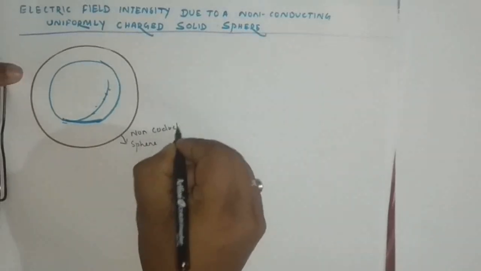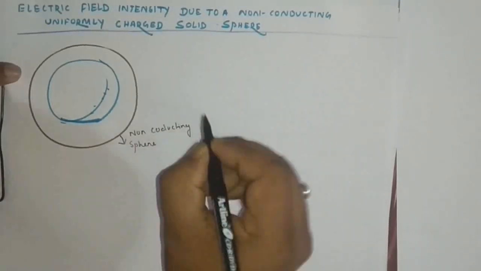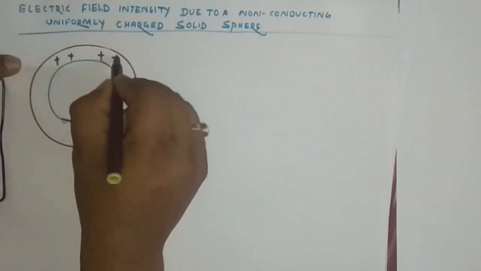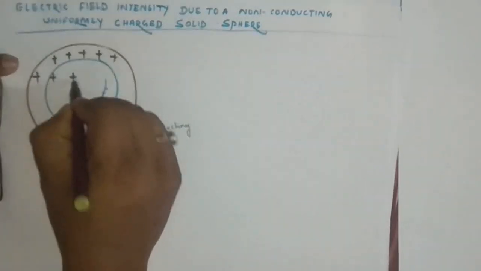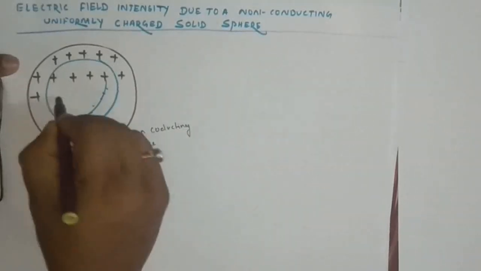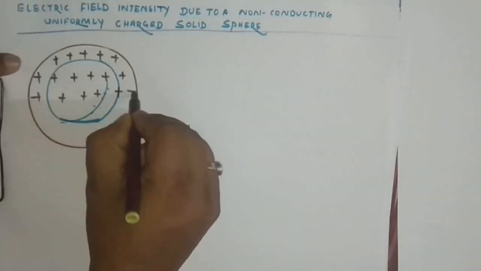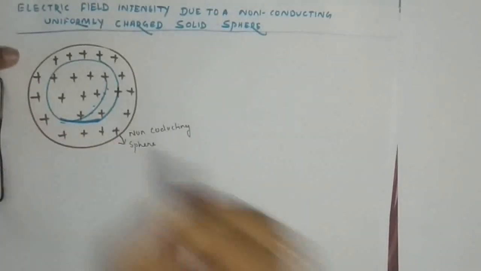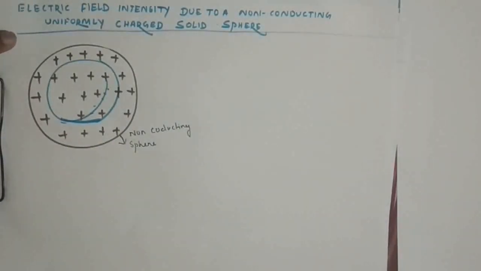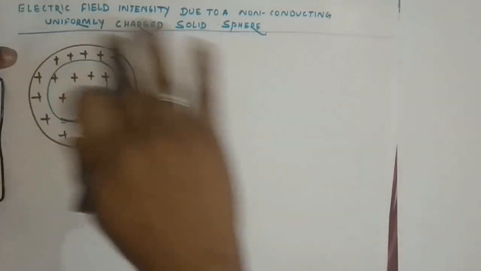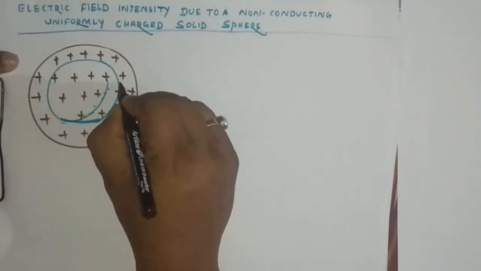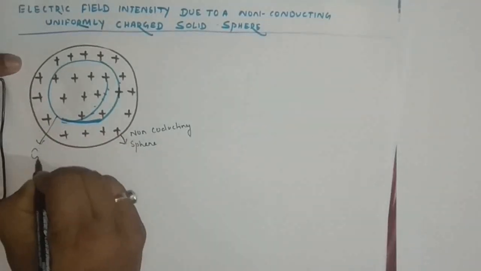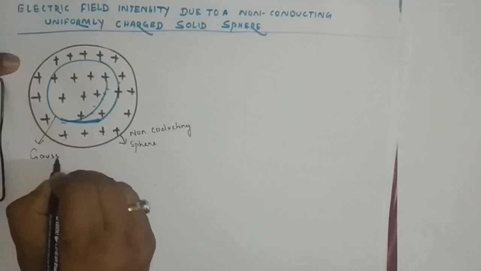Non-conducting means charge is distributed uniformly everywhere inside the sphere. Can I tell the total charge? Okay, who is this? I did not mention. The blue one is the Gaussian surface.